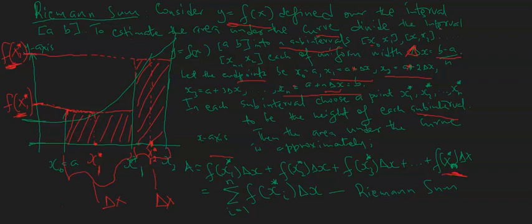The first subinterval, the area will be f of x star 1 times delta x. The second one will be f of x star 2 times delta x, and so on up to the last one, which is f of x star n delta x. And we can say that this area will be the summation of f of x star i times delta x, with i from 1 up to n, and this is what we call the Riemann sum.